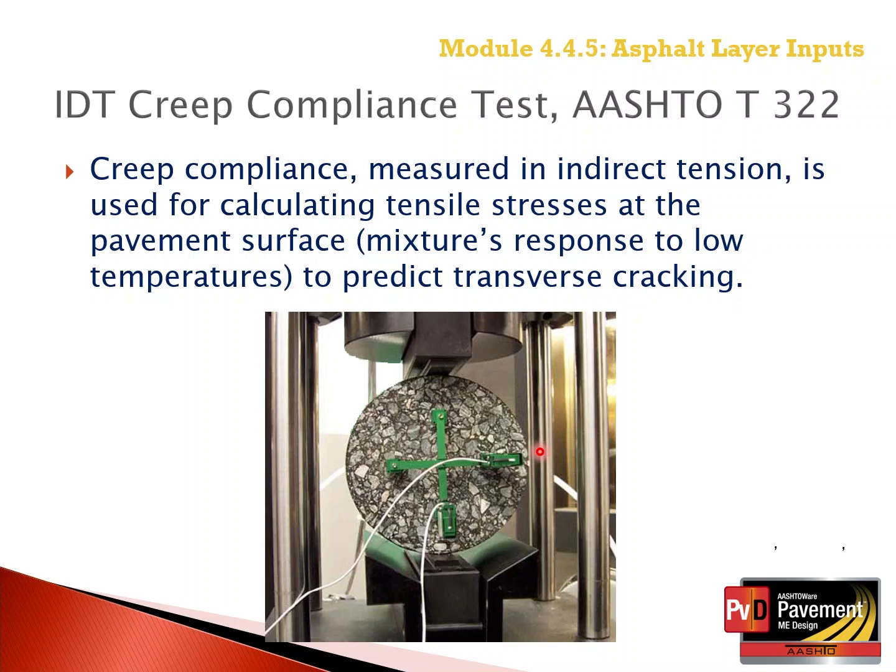Both the creep compliance and strength are measured in accordance with AASHTO T322. The creep compliance and strength are used in a thermal viscoelastic analysis model to calculate tensile stress at the surface of the wearing surface and then compare the indirect tensile strength to the tensile stress for predicting transverse cracks over time.